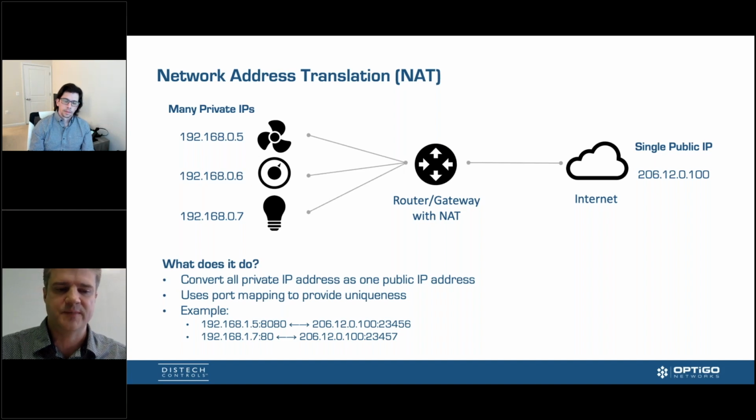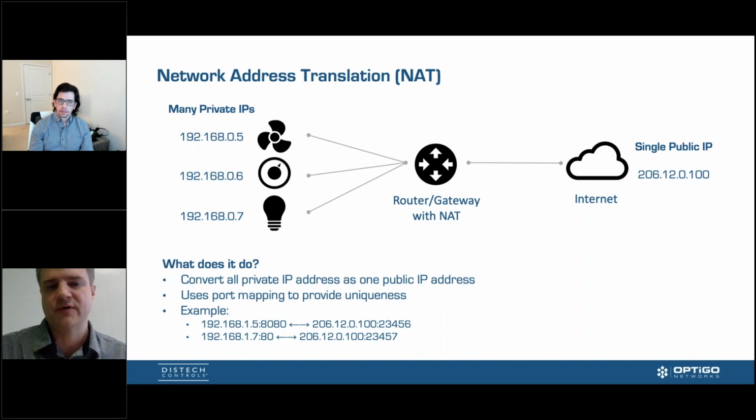So, for example, I have a web server that I want to maybe be exposed to the internet, and I've got it mapped onto port 23456. So within the setup of your NAT, you basically just add a row to the table that says map this IP address to this port on the public IP address.